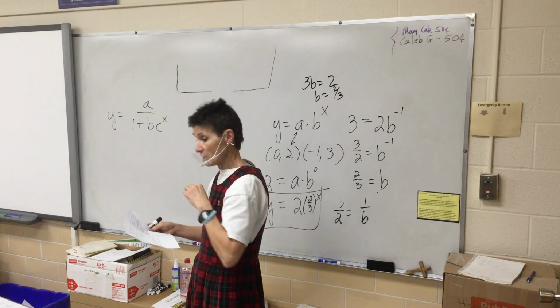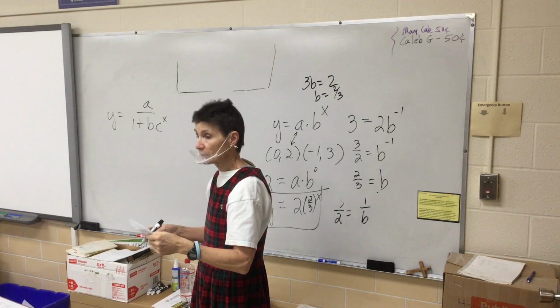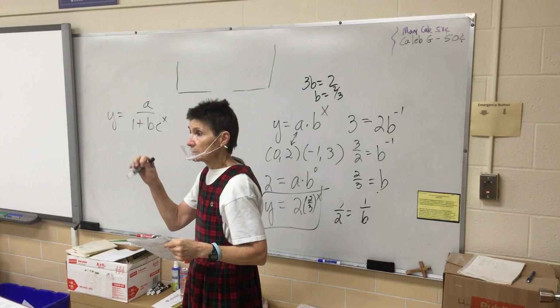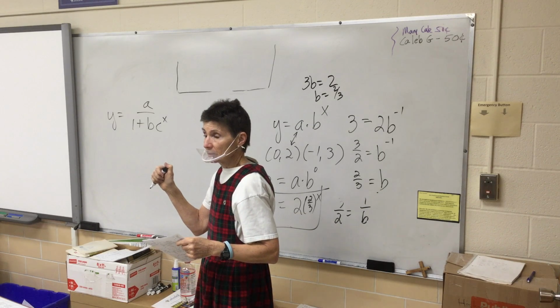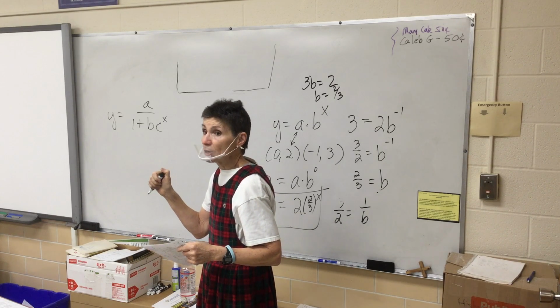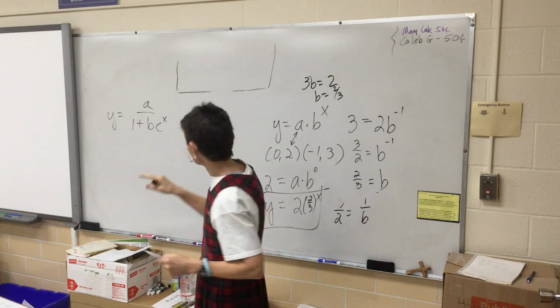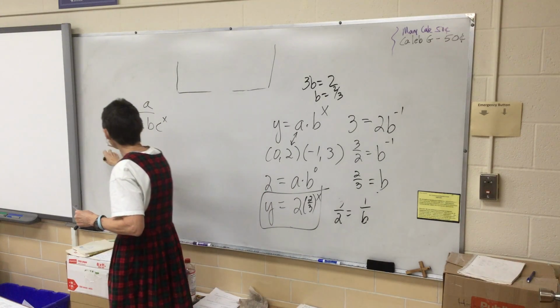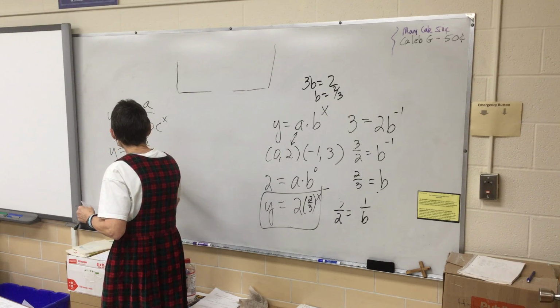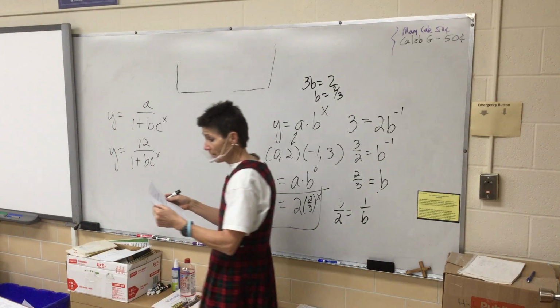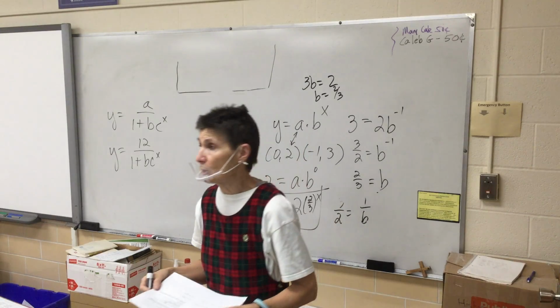Which piece do I start with? I know A is 12, so I start with the limit to growth. This number is the limit to growth, so I don't need to do anything except plug that in. I'm just going to start by plugging in my limit to growth.